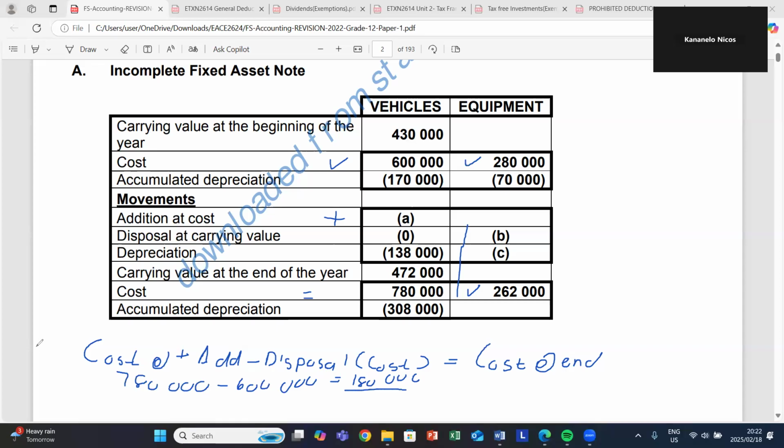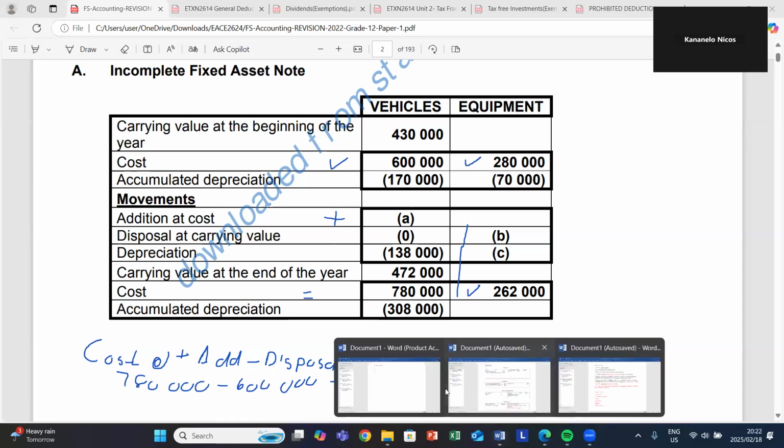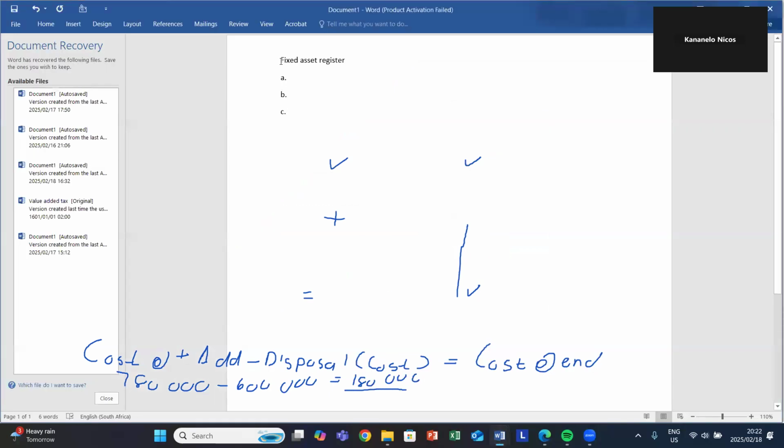So let's go record it. Our answer for A, we said 780,000 minus our 600,000, in which you got 180,000.